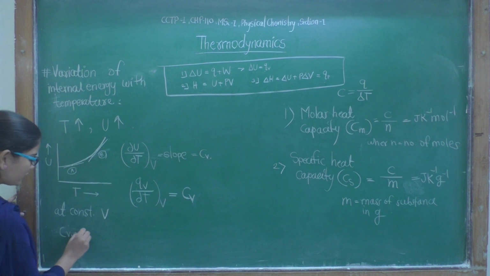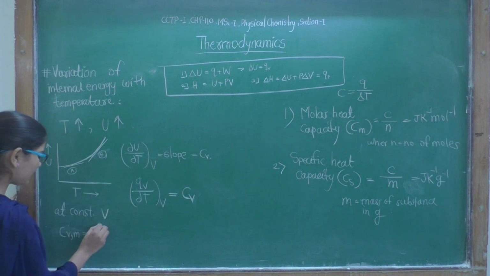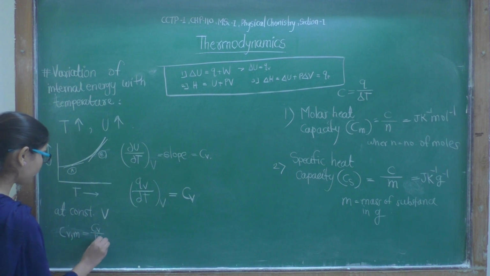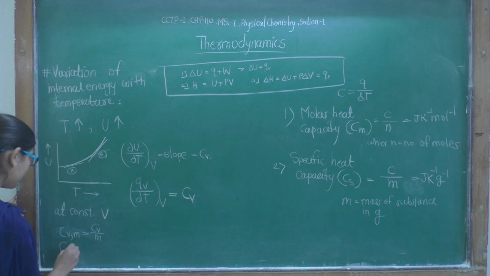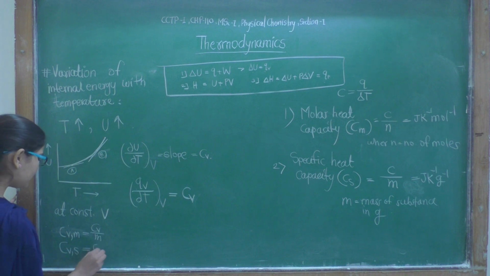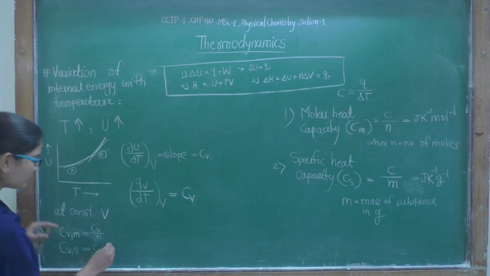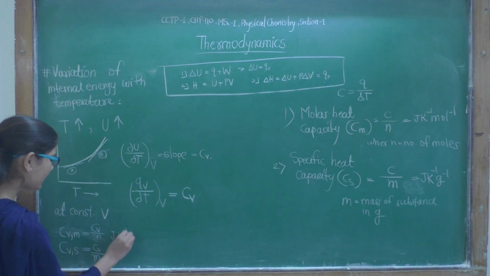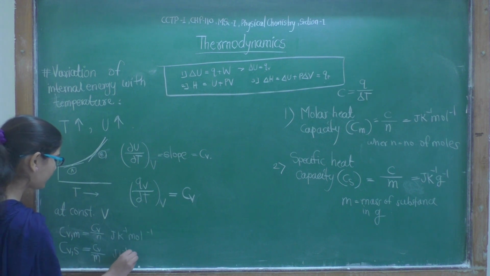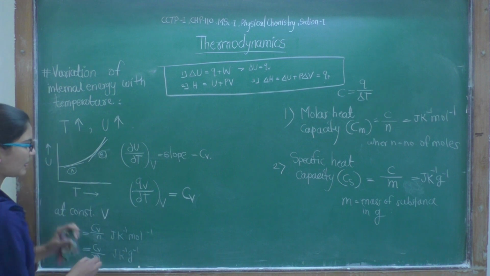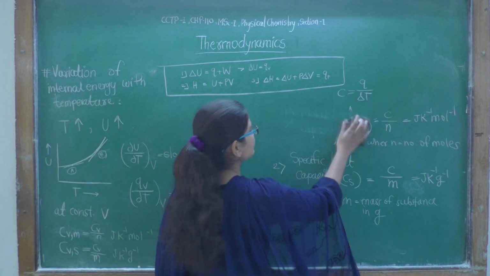Molar heat capacity at constant volume is equal to CV by N. And similarly, CVS, that is specific heat capacity at constant volume, will be CV by M, where N is number of moles and M is mass of the substance. And the unit will be joule per Kelvin per mole and joule per Kelvin per gram. That's it.